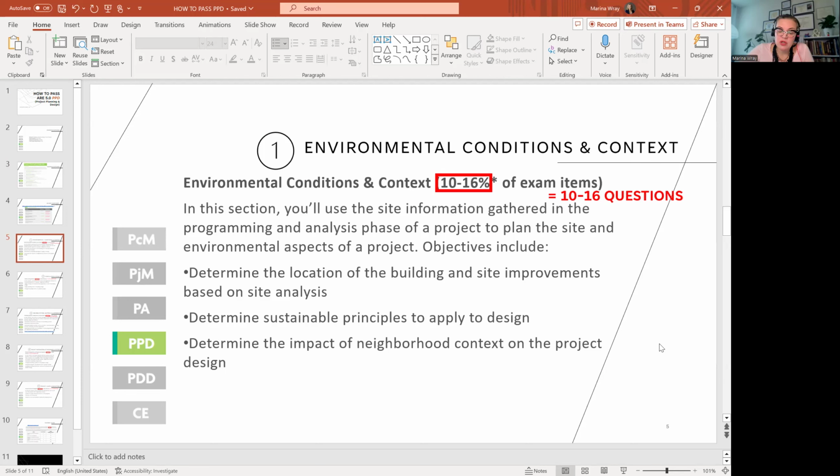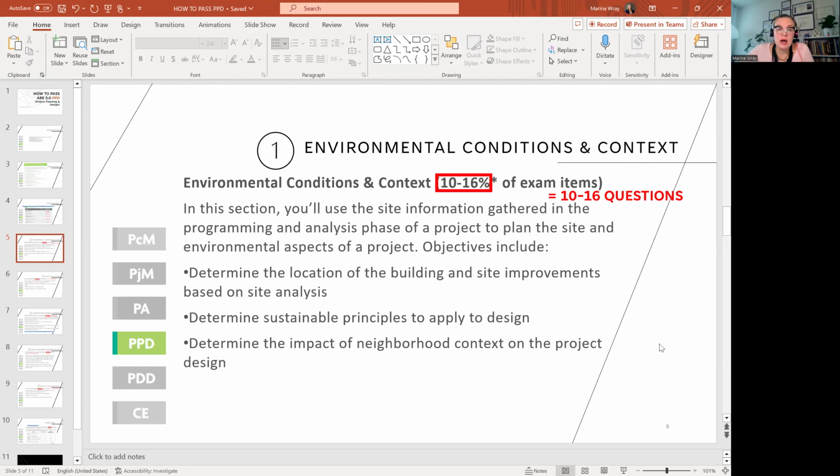And there are other restrictions such as wetlands or some unbuildable areas, if there are any easements, or if there is anything on the site that came with the owner's title, that they cannot build on that portion of the site. So you need to really place the building smartly.